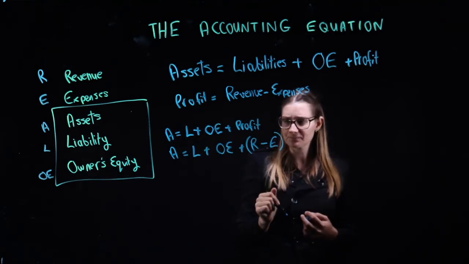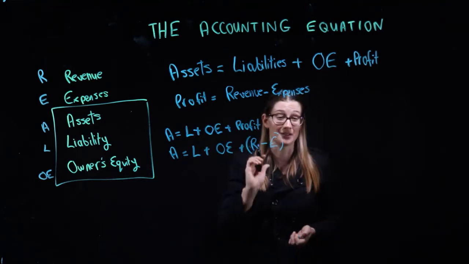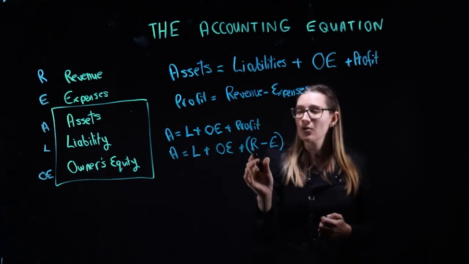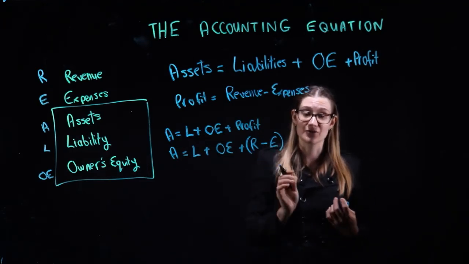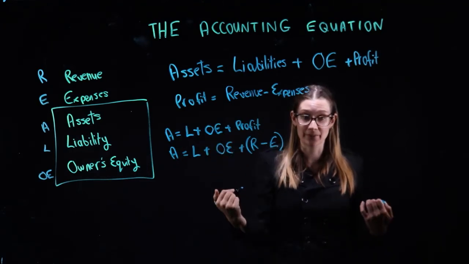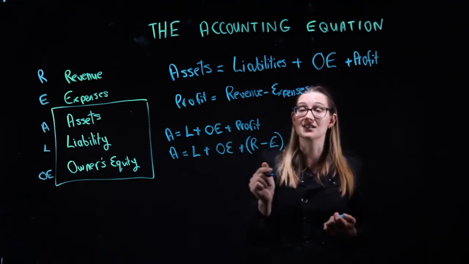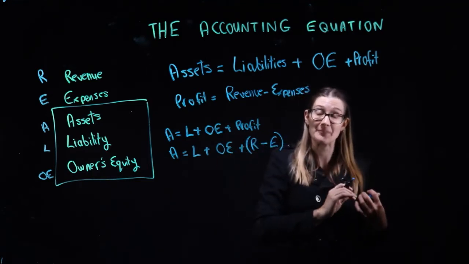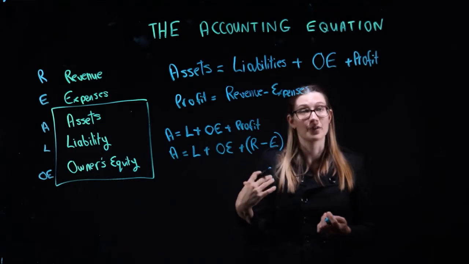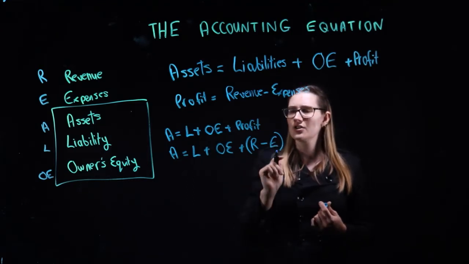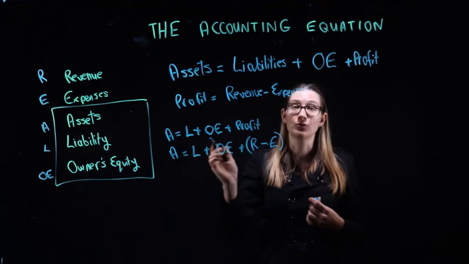Now remember, or maybe you didn't know this yet, but all the profit you made gets transferred over into capital at the end of the financial period. Because when you earn money, it increases what the business is worth to the owner, and it therefore increases the value of the business.